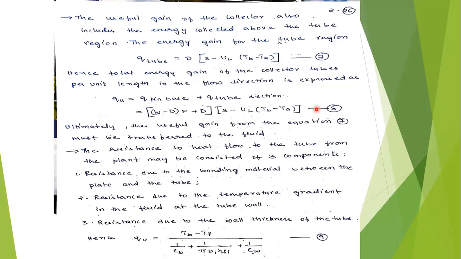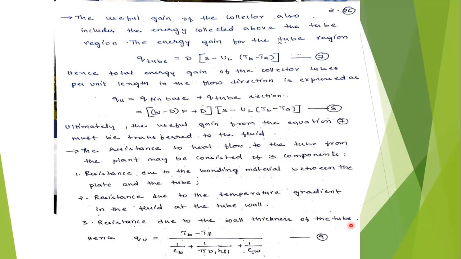The second one is resistance due to temperature gradient. The fluid you are using has some temperature gradient, so this offers a resistance to the heat flow. The third one is resistance due to the wall thickness of the tube.